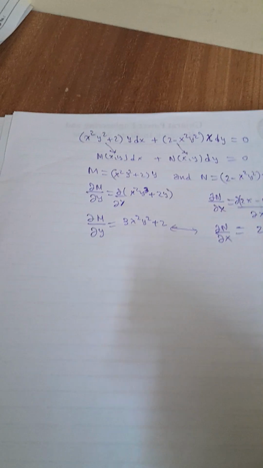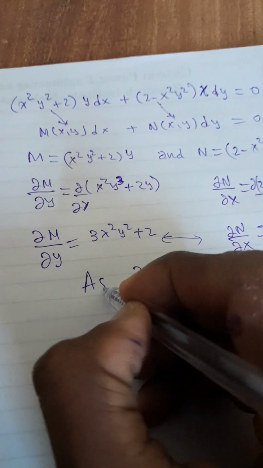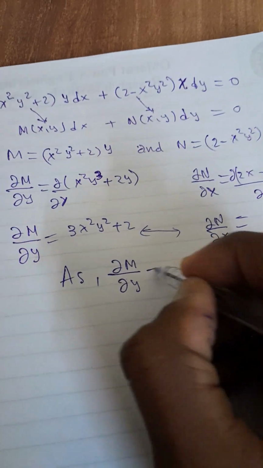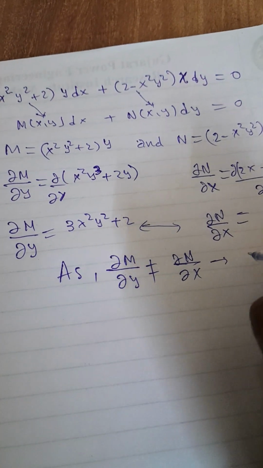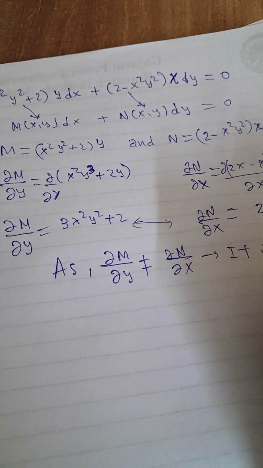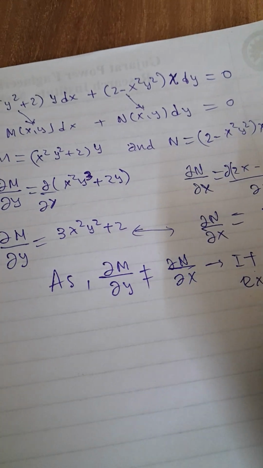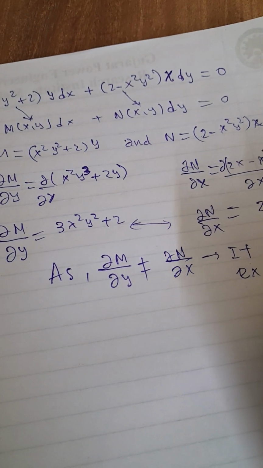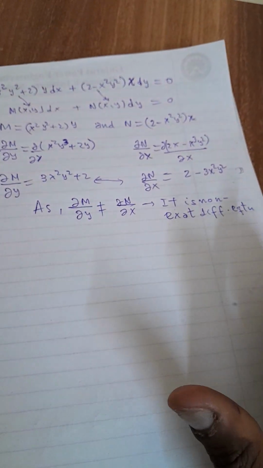So now we can say that del M del y is different from del N del x, so it is a non-exact differential equation.